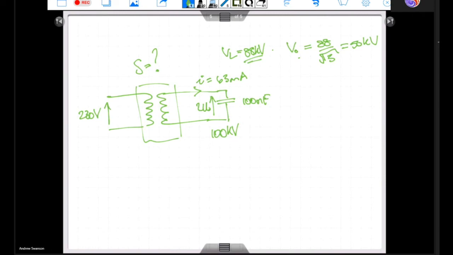Does anybody want to check that and just give me a thumbs up if it's right? So I get a value of 6.3 kVA.